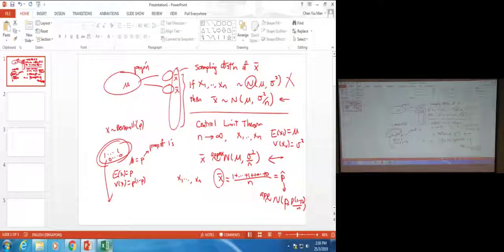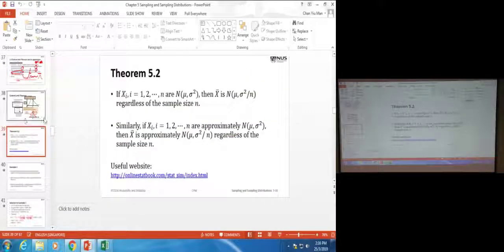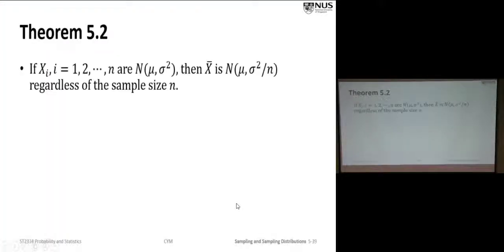Okay, we have a theorem. There are basically two theorems. One is that with samples taken from a normal distribution with mean mu and variance sigma square, then X bar is distributed as a normal distribution with mean mu and variance sigma square over n.